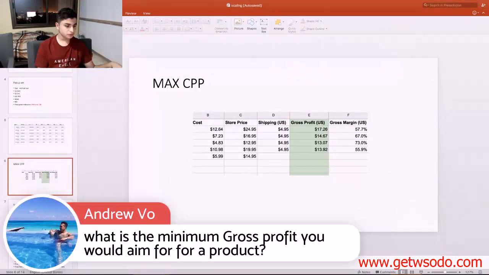What is the minimum gross profit you would aim for on a product? Well, if the product is profitable and if you have a good profit, it's good. But try to have slightly higher, better margin products than the slight profit ones, like maybe something that you can sell for 30, 40, 50, 60, 70.